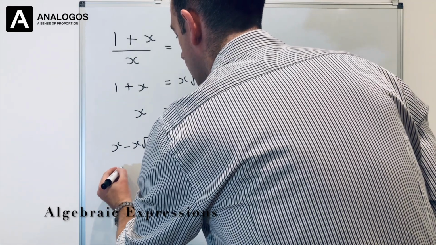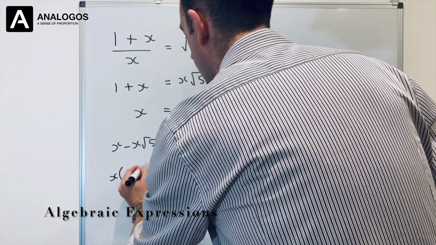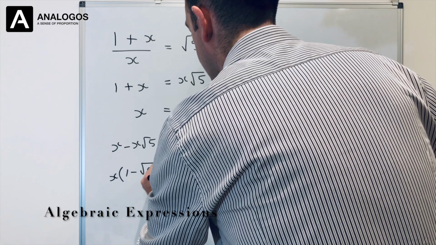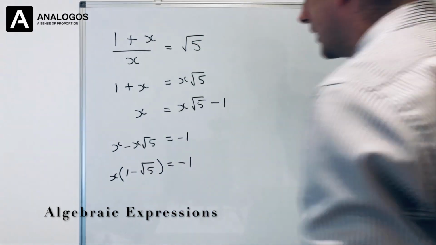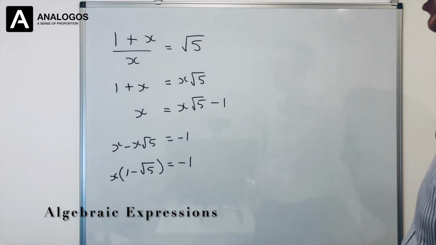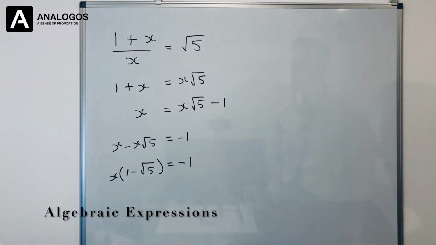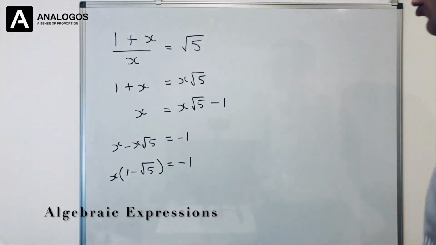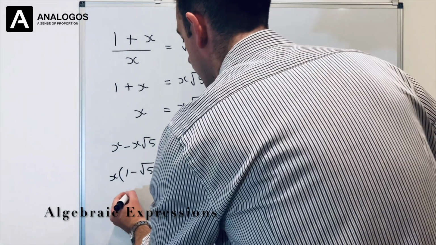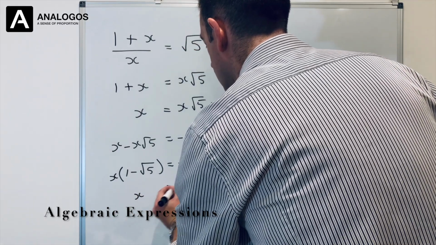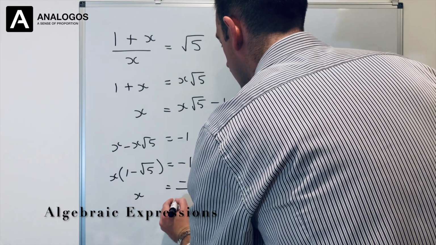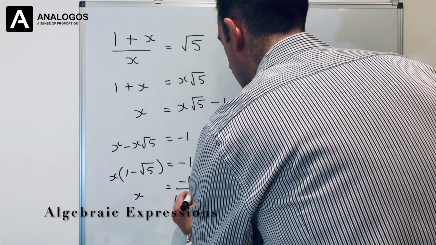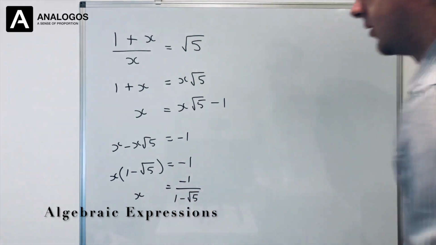So we've got x bracket 1 minus root 5 equals negative 1. How do I isolate the x? Well, I could just divide the negative 1 by 1 minus root 5. So that's going to give me x equals negative 1 over 1 minus root 5.